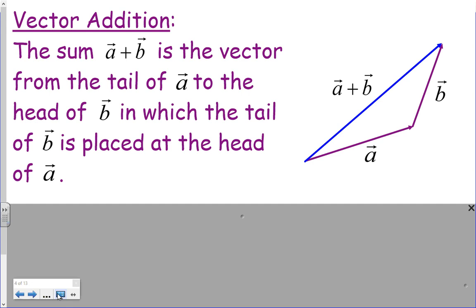But the sum, A plus B, is the vector from the tail of A to the head of B. Technically, if you write the vectors the other way around, then it would be B plus A, but vector addition is commutative.